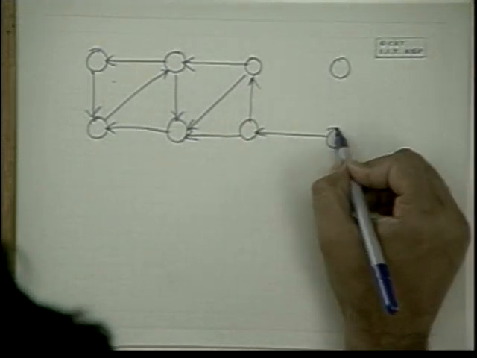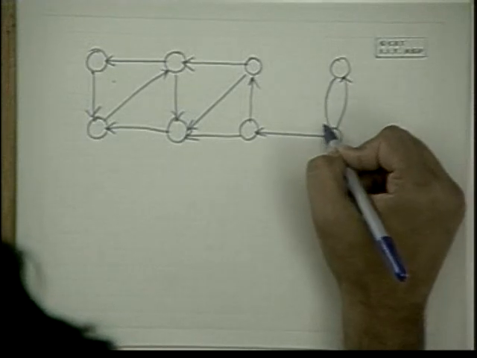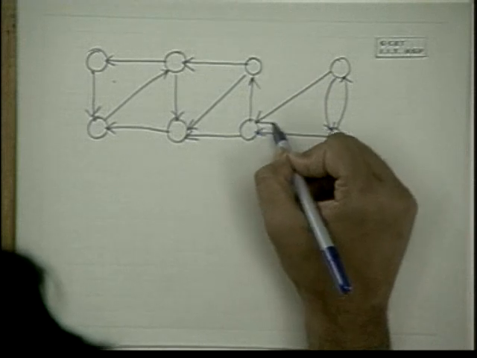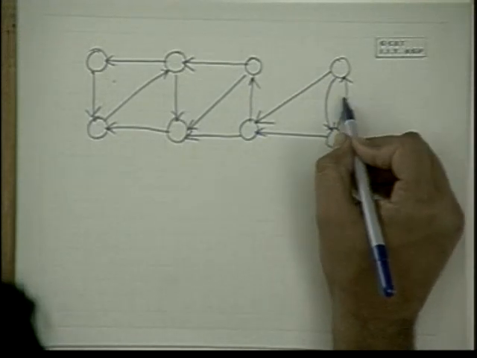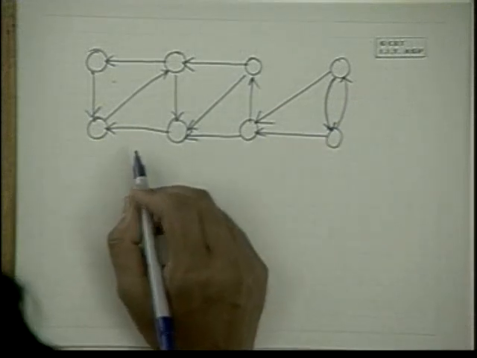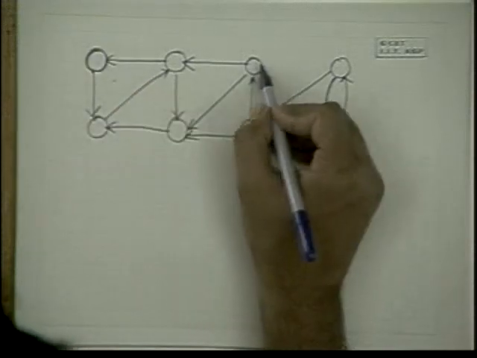Remember, we can use the same data structure for the undirected graph. By slightly changing it, we can use it for a directed graph. The only thing is we have to represent a direction for each edge. Now suppose this is the graph, and we start our visits, say, from this node.